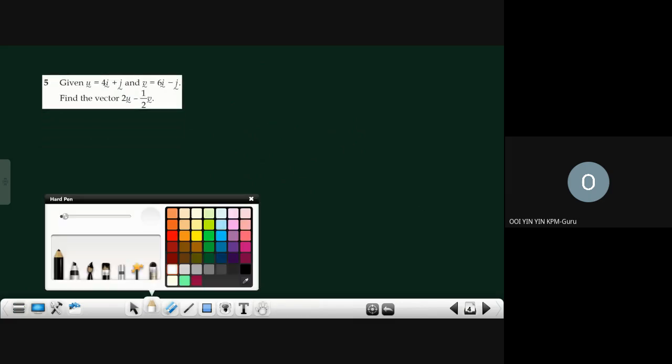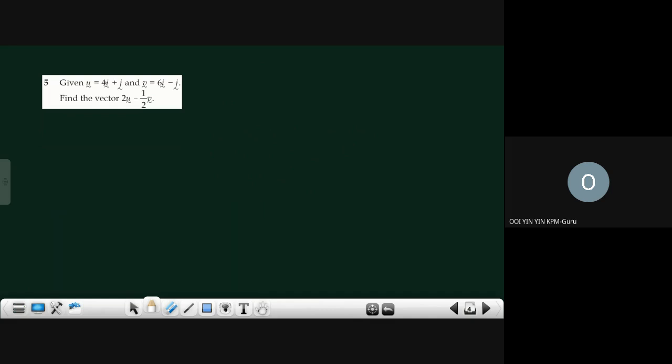Come, number 5 here. Same as the question just now. What you want to find is 2u minus 1 over 2 v. Please write your u and v carefully. One has a tail, your u is a little longer, so you can see the difference. Substitute vector u, which is 4i plus j, and then minus 1 over 2 of vector v, which is 6i minus 1j.